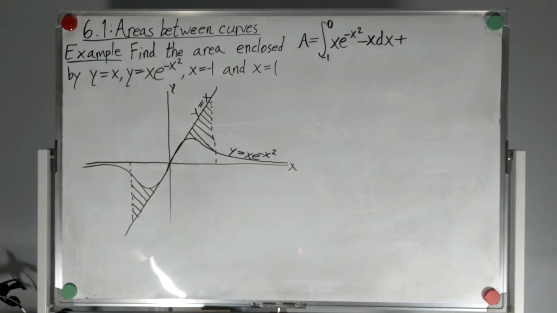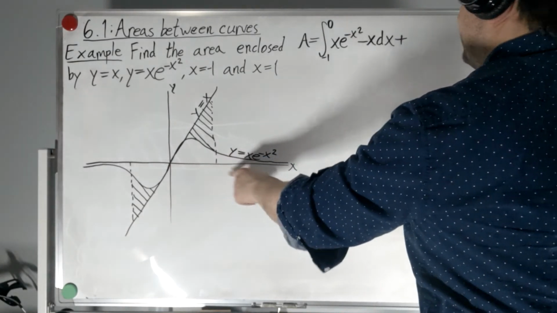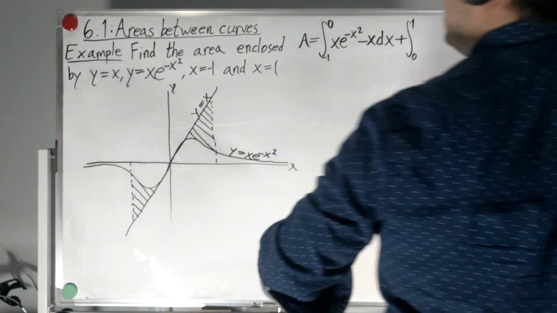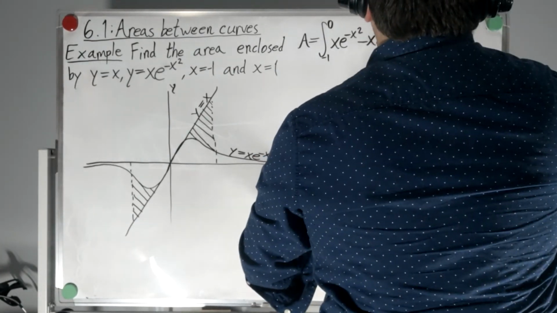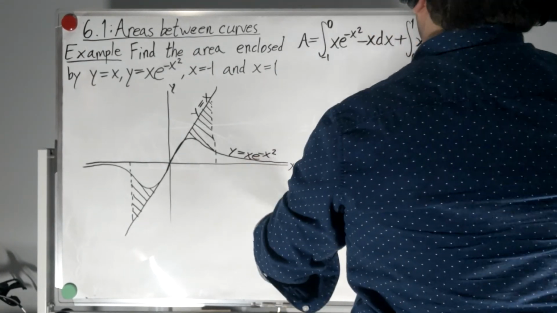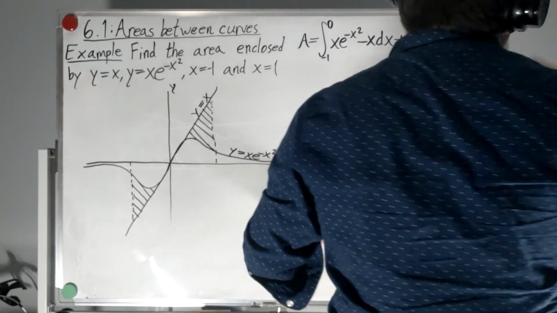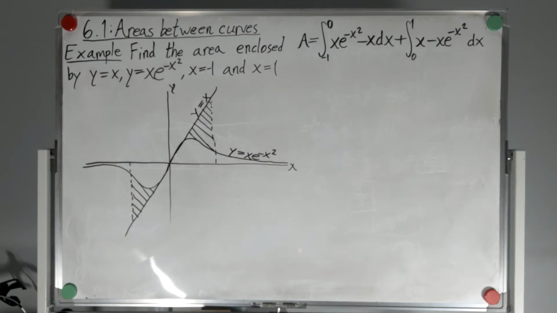Then add to this the integral from 0 up to 1, y equals x minus y equals x e to the negative x squared. And if we can compute those two integrals, we'll have our answer.